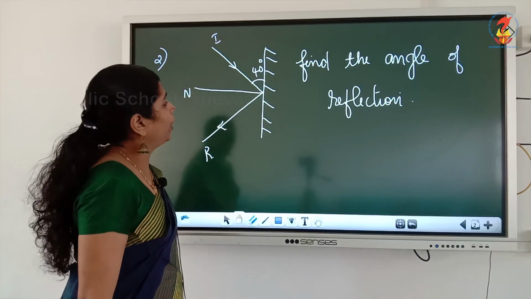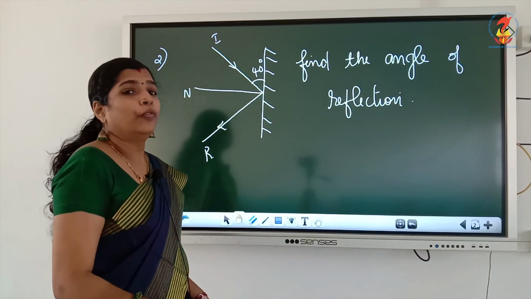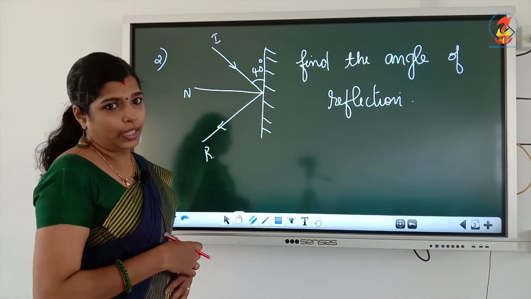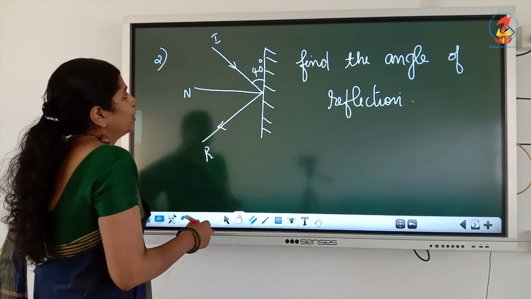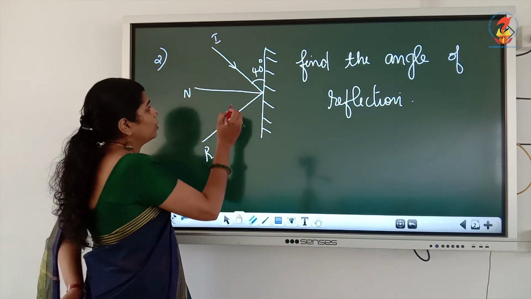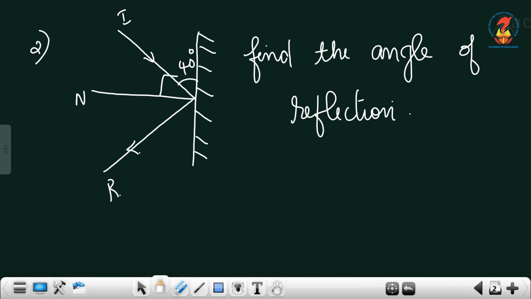If you want to find the angle of reflection, first we need to find the angle of incidence. What's the angle of incidence here? We know this angle is 90 degree, the angle between the normal drawn at the point of incidence, which we represent with the letter O, and the mirror surface.